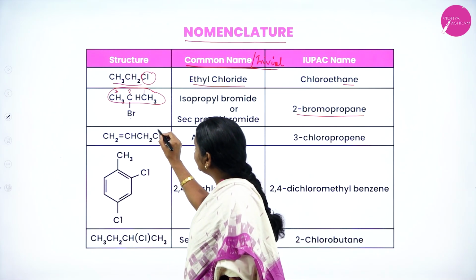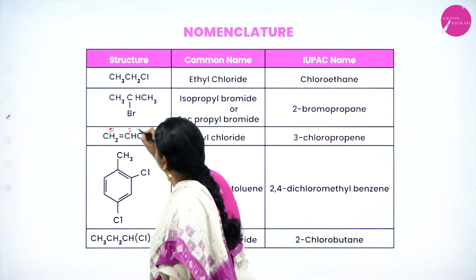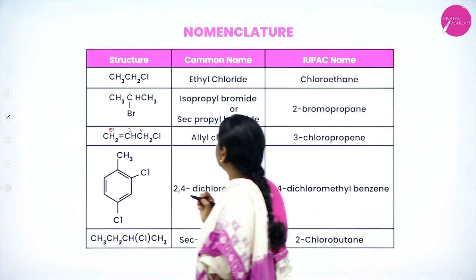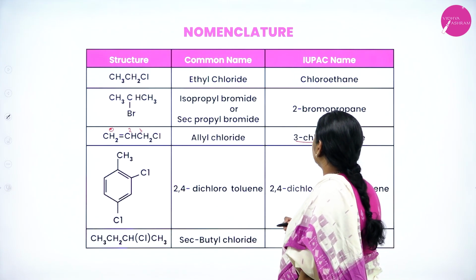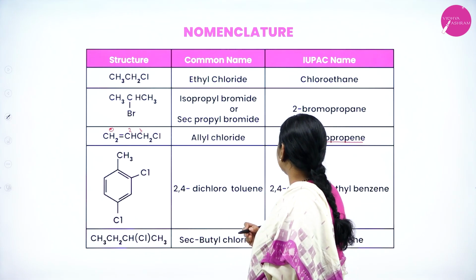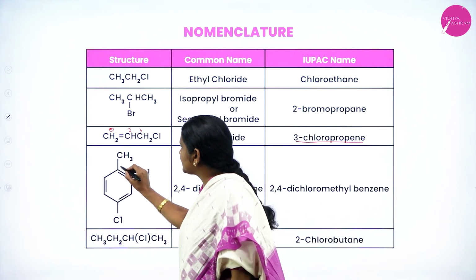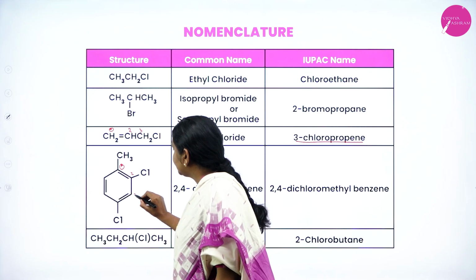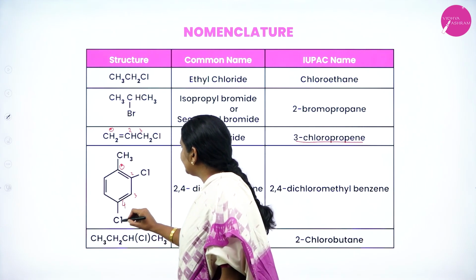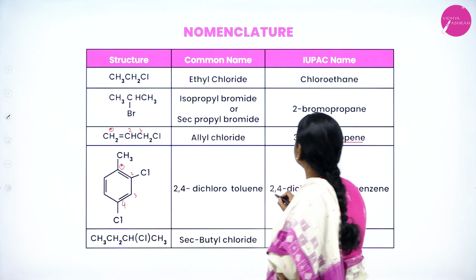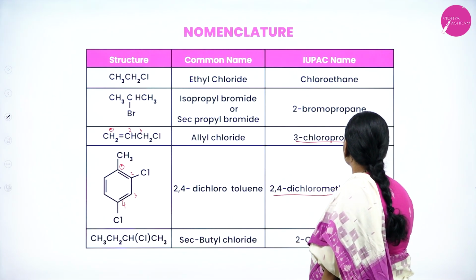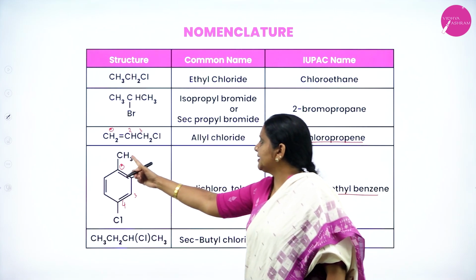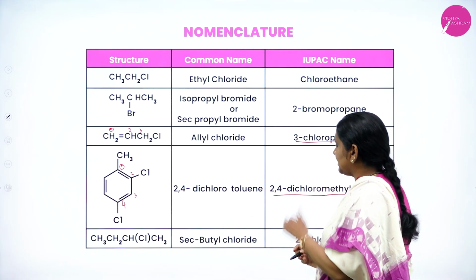Now, if I consider first carbon, second carbon, third carbon, it is 3-chloropropene. Now here, if I consider this as first position, second, third, fourth, in second and fourth there are 2 chlorine atoms. That's why it is 2,4-dichloro methylbenzene. What is methylbenzene? CH3.